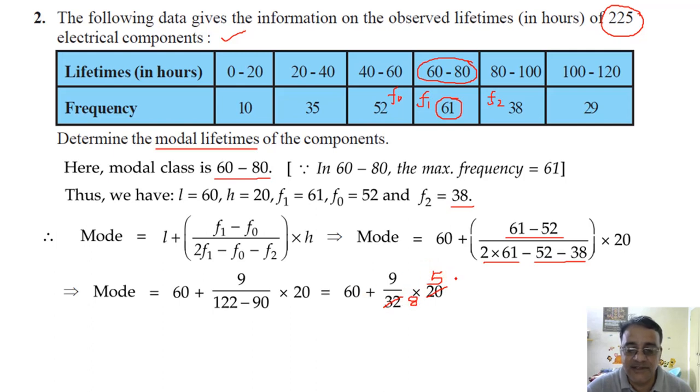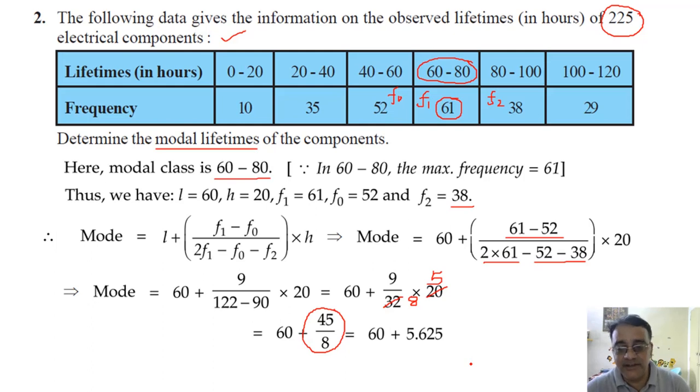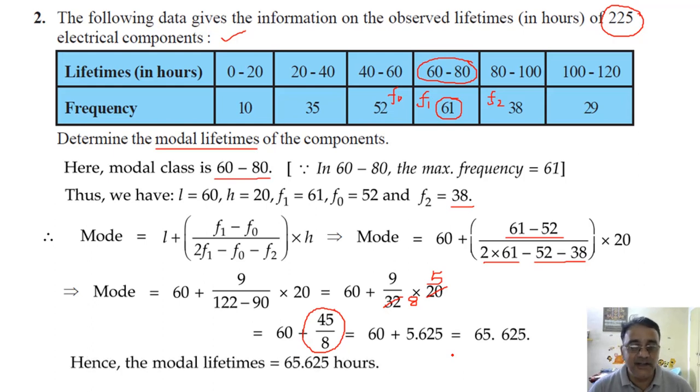So 60 plus 45 by 8, and if you divide these two, we get 5.625. So the final answer is 65.625. Hence the modal lifetime is equal to 65.625 hours. If you round up, you can write 65.63 hours.